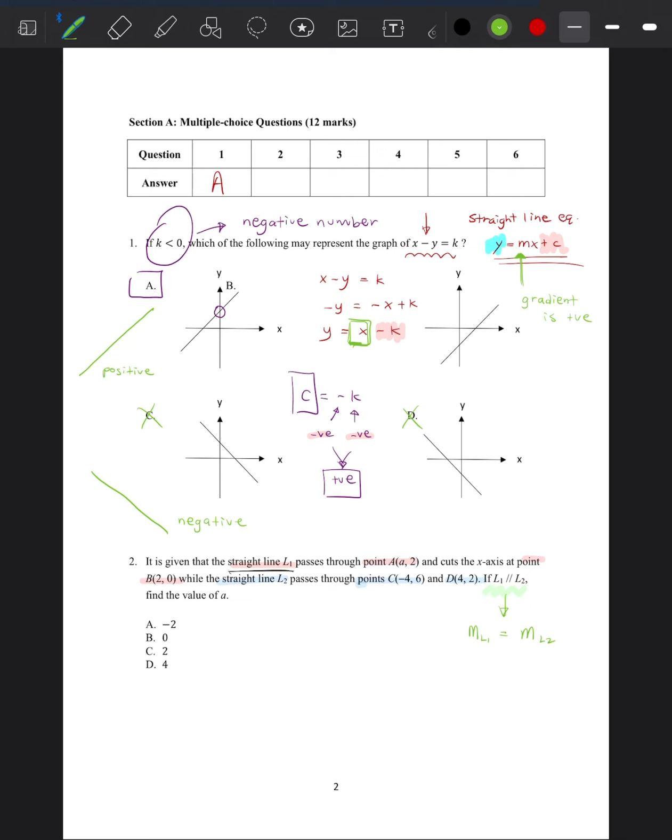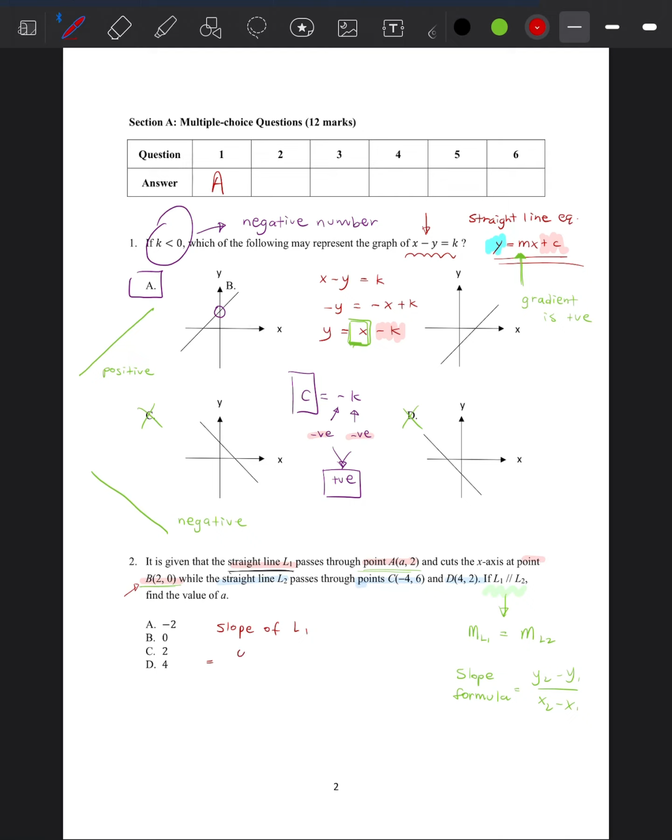So let's look at it. For L1, you've got these 2 points, so you have to find the slope using the slope formula. Remember your slope formula equals y2 minus y1 over x2 minus x1. This part, some of you still get it wrong sometimes. So for the slope of L1, I use point B maybe.